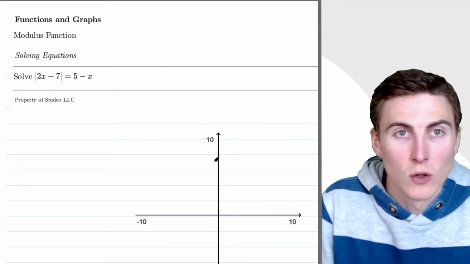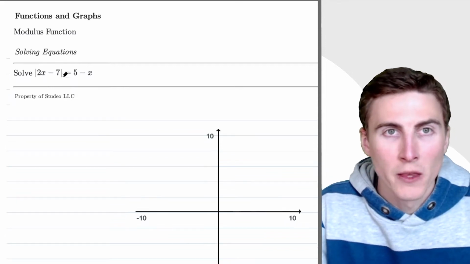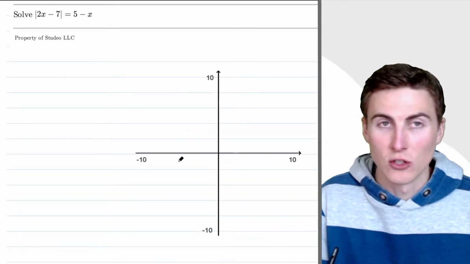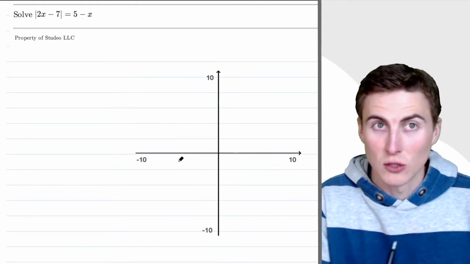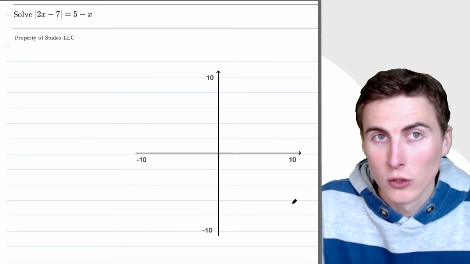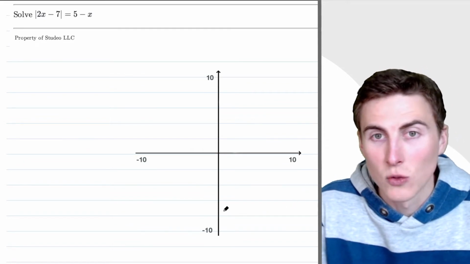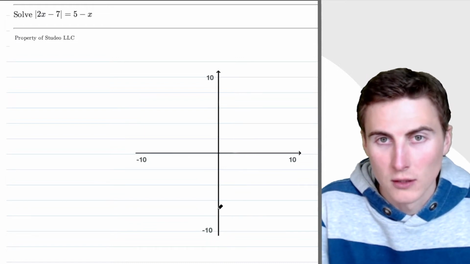If we give that a go, let's plot this one first, 2x minus 7. The key with these ones is just to plot the normal one first. So don't worry about the modulus sign at first, let's just plot 2x minus 7. That's going to have a gradient of 2, and it's going to cross the y-axis at minus 7. So we know it's going to cross down here at negative 7.